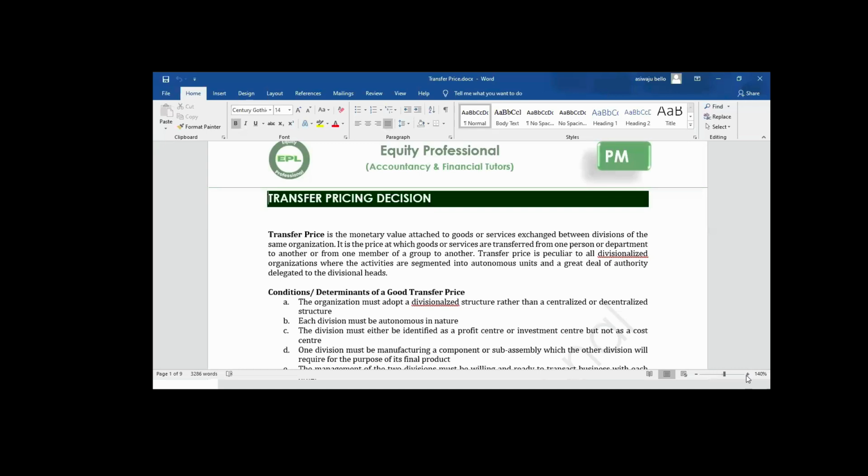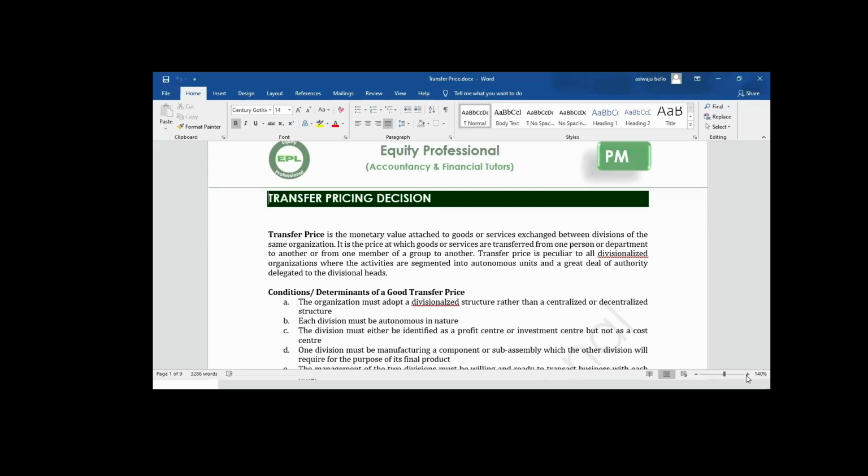I will take that explanation again. Where a company is operated along divisional structure, it is very possible that one division will produce goods or service that is required by another division within the same organization. That means we have interdivisional transaction.